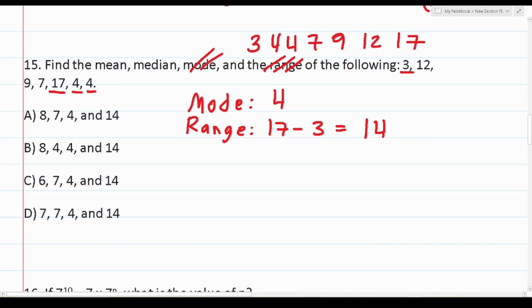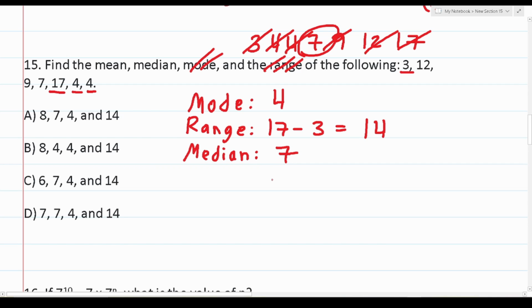And once you do that, you cross off numbers at each end respectively until you get to the middle term or the middle two terms. So let's start doing that. We have 3 and 17, 4 and 12, 4 and 9. So we can see that the median of this data set is going to be 7.